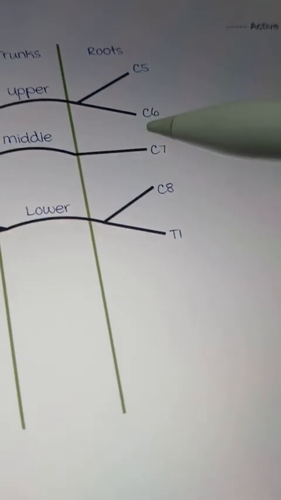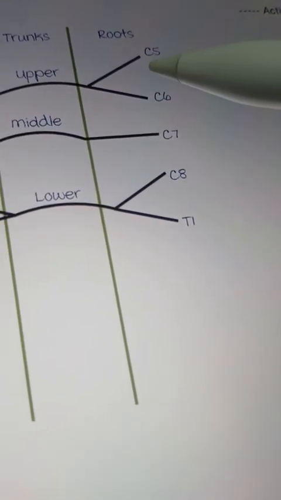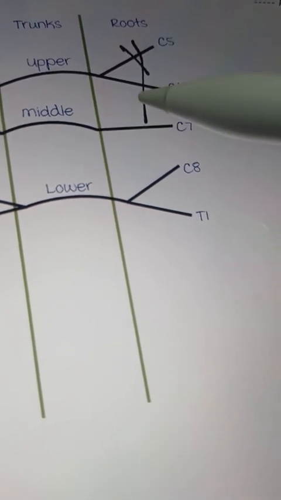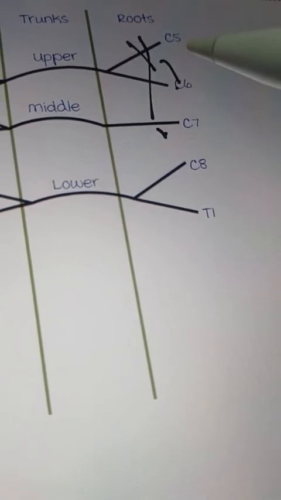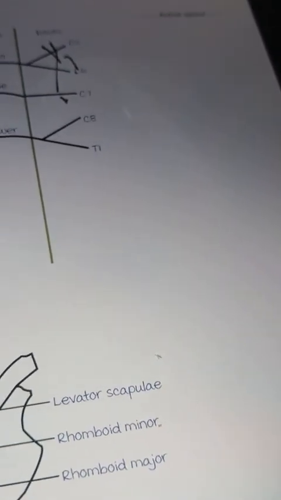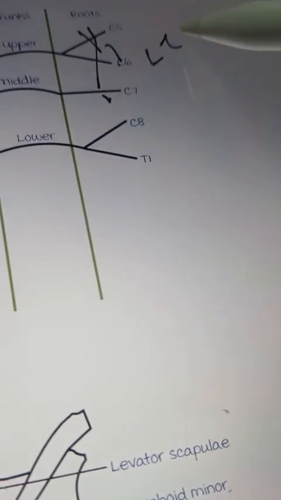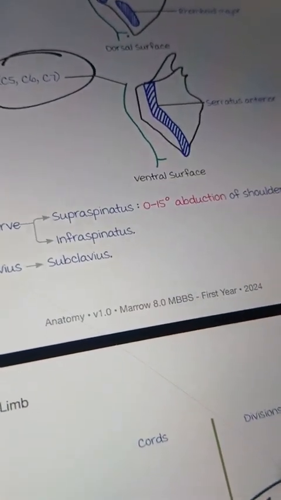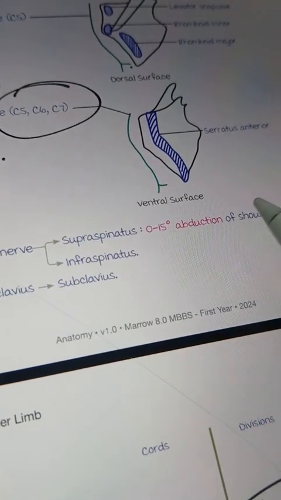So from C5, C6 and C7, the branch coming is known as the long thoracic nerve, and we have the dorsal scapular nerve also. The long thoracic nerve supplies the serratus anterior muscle on the ventral surface.